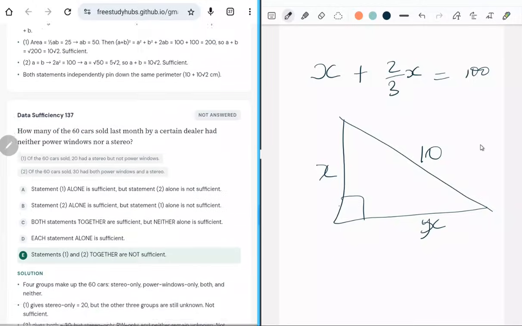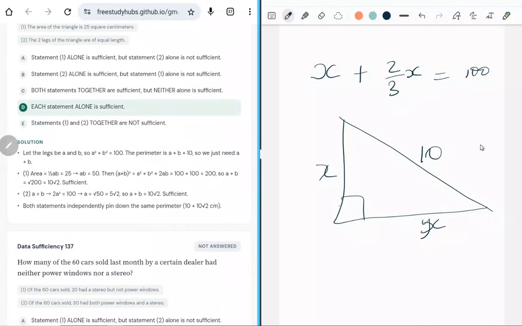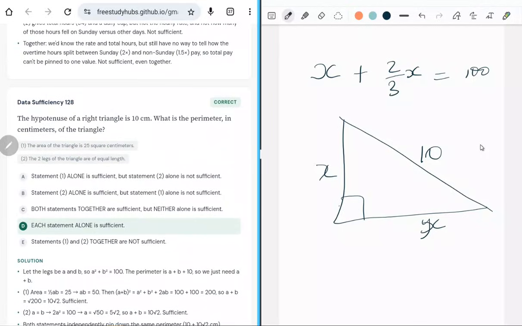The first statement says the area of the triangle is 25 square centimeters. But the one I said is sufficient is the second one. If the legs are equal, remember.